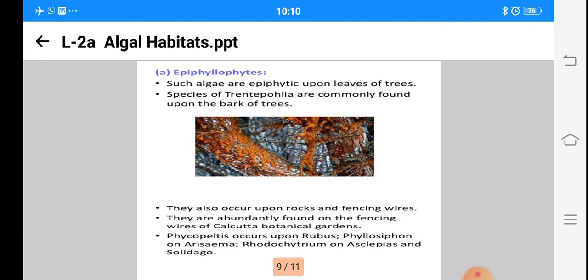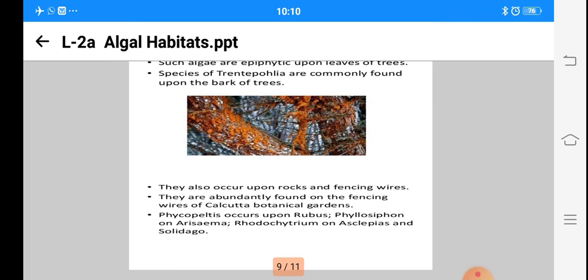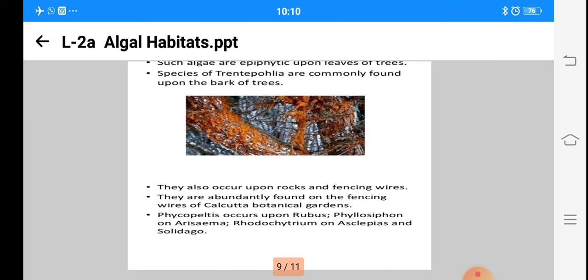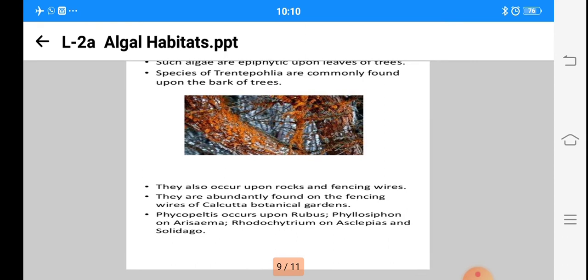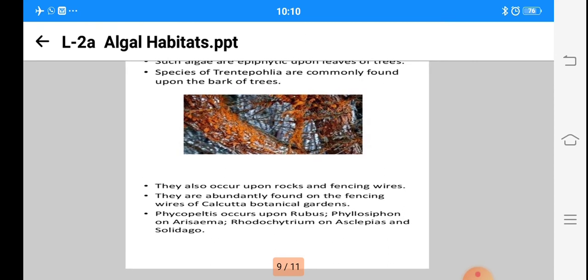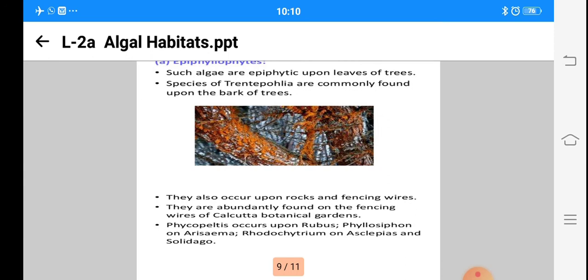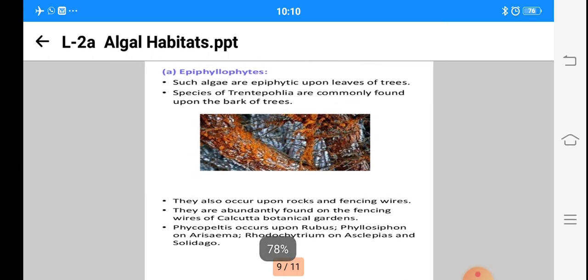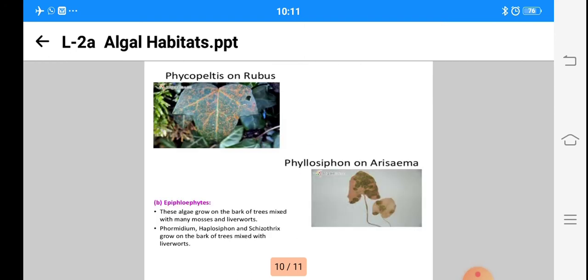Generally on rocks, fencing wires, etc., where heavy rainfall is there. Good examples are Rhubus phyllosiphon or on the Arisaema, and Rhodochytrium on the Asclepias and the Solidago. These are angiosperm plants, and on these they are reported as epiphyllophytes, right. So you see this photograph.